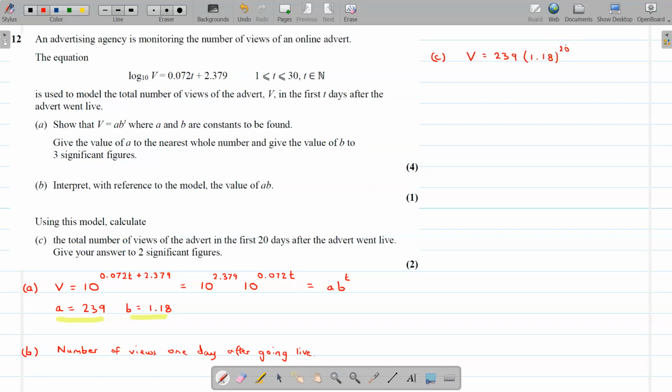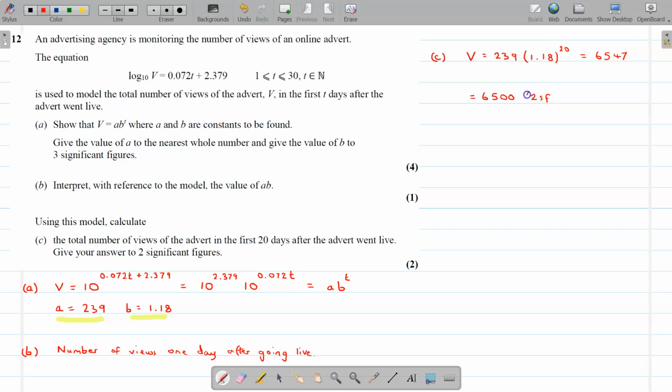You just have to put that in the calculator. It comes to 6547. They only want 2 significant figures, so that's equal to 6,500 views to 2 significant figures.